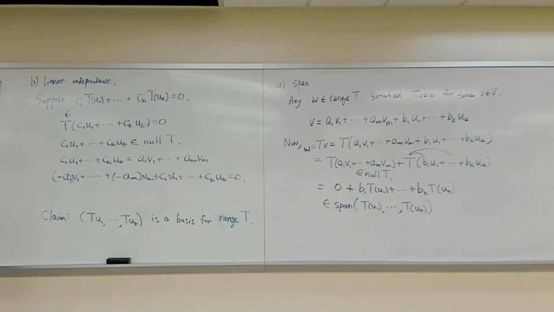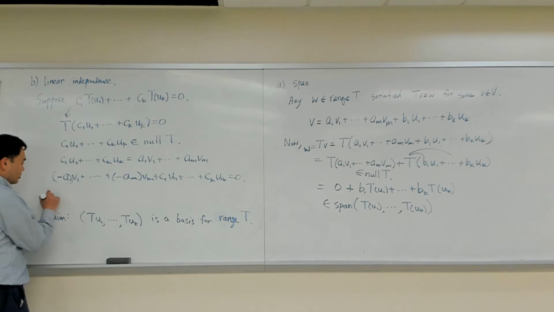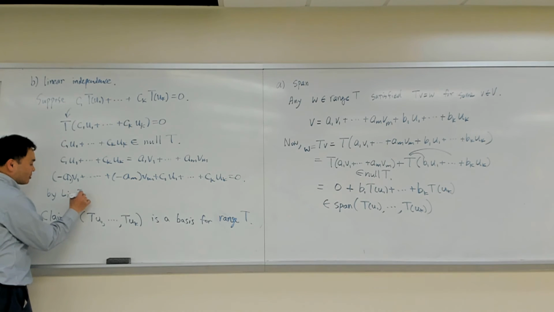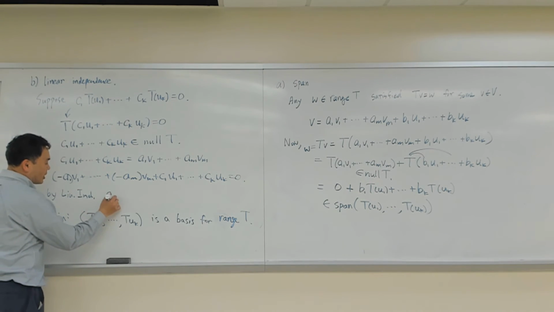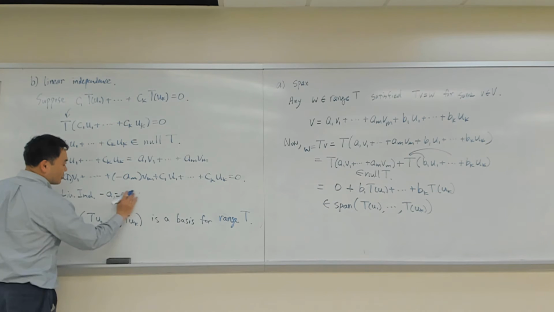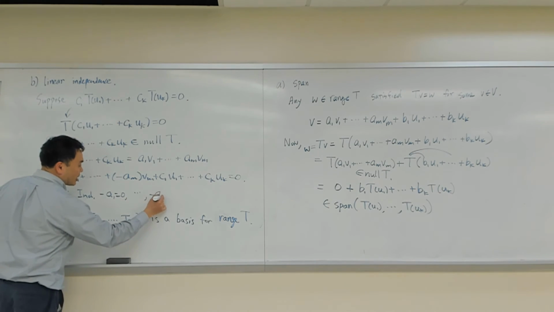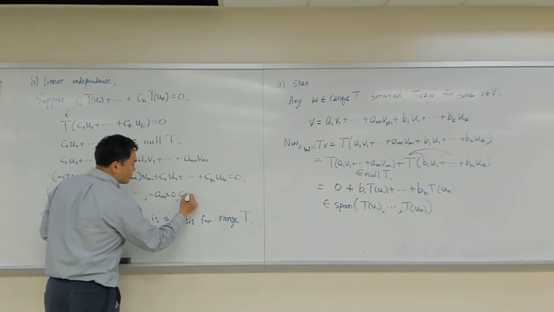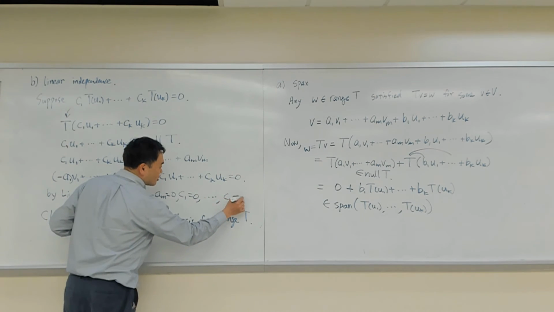Okay, now what? What do you know about these vectors, V1 through Vm and then U1 through UK? They form a basis for V, which means these vectors are linearly independent. Therefore, by linear independence, we know that negative A1 is 0, and so on, negative AM is 0, C1 is 0, all the way up till CK is 0.